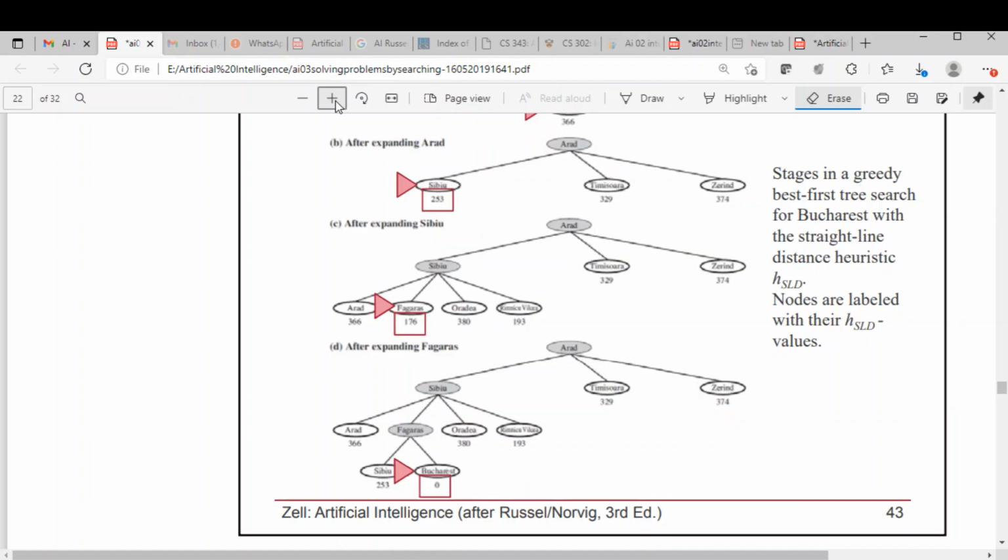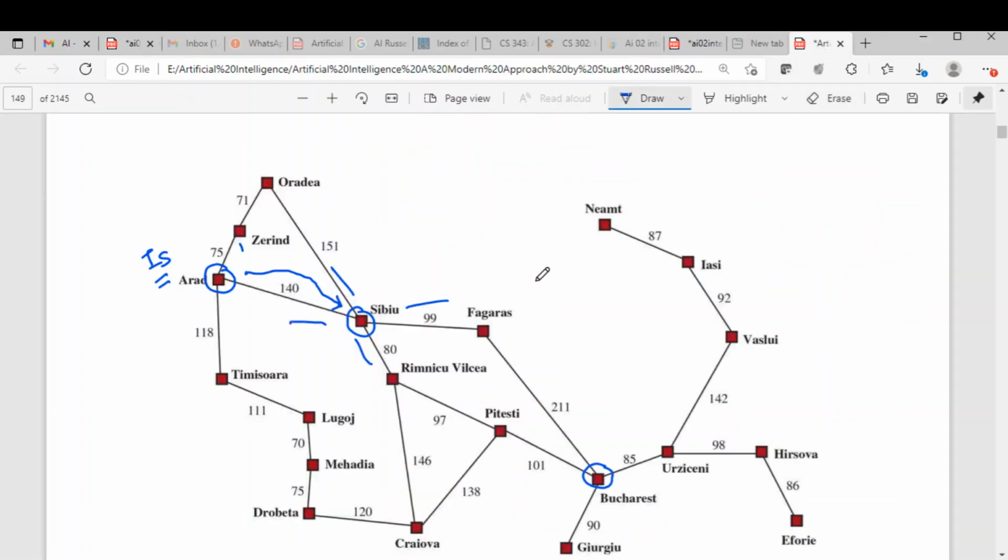Okay. Now again refer to the graph: from Fagaras, where can it go? The agent has already reached Fagaras. From Arad it came to Sibiu, and from there it reached Fagaras.